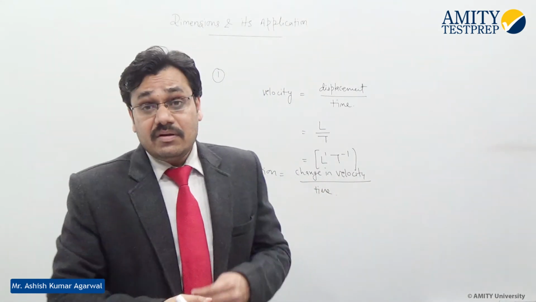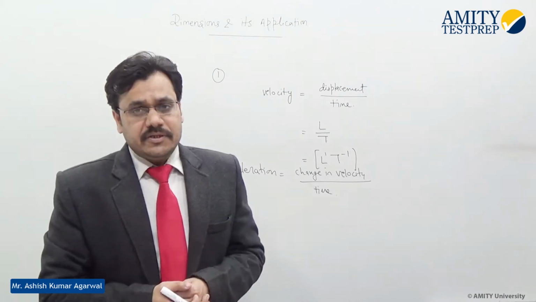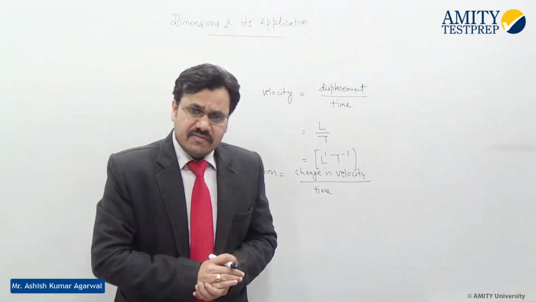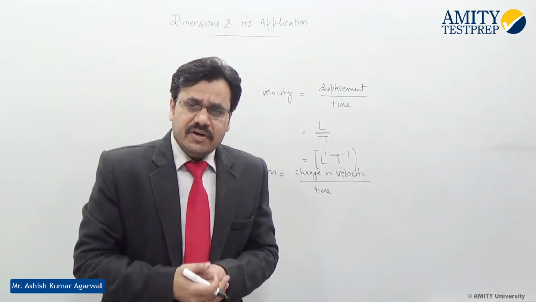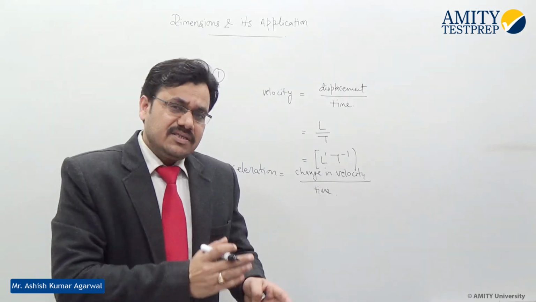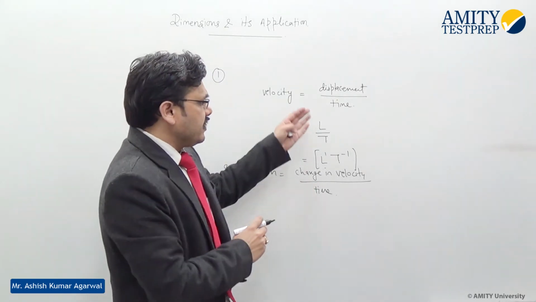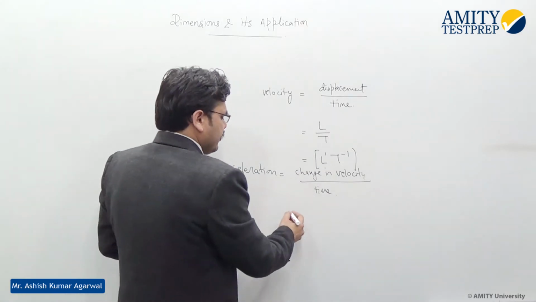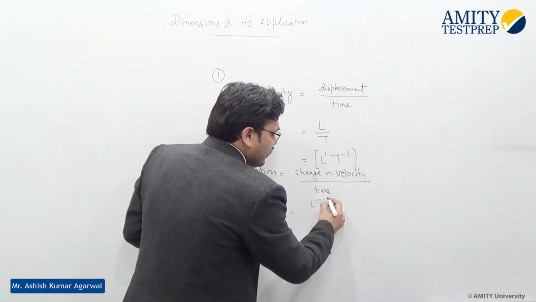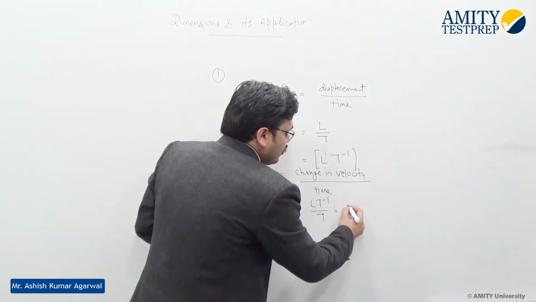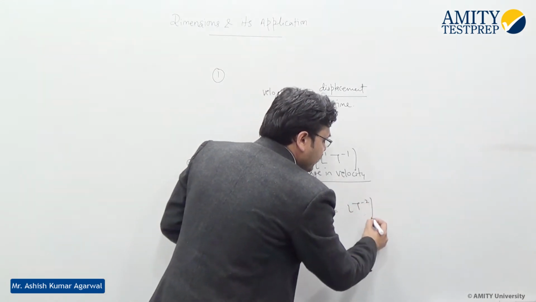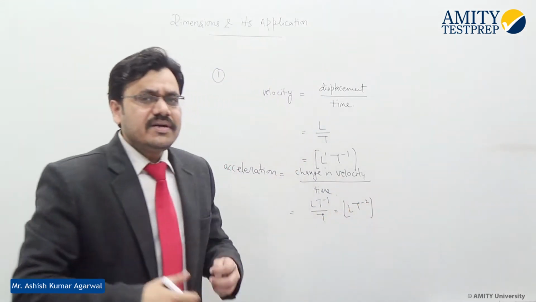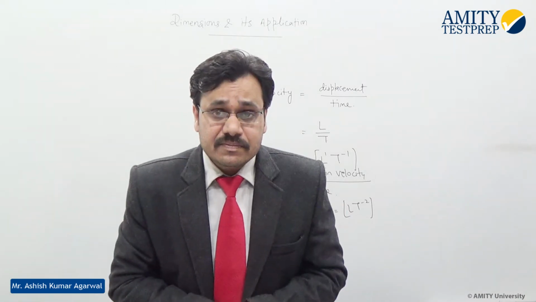What is the unit of change in velocity? It will be the same as the velocity, as we already got it, meter per second. So here also I can write LT^-1 by T. In other form I get LT^-2. So this is the dimension formula for acceleration.